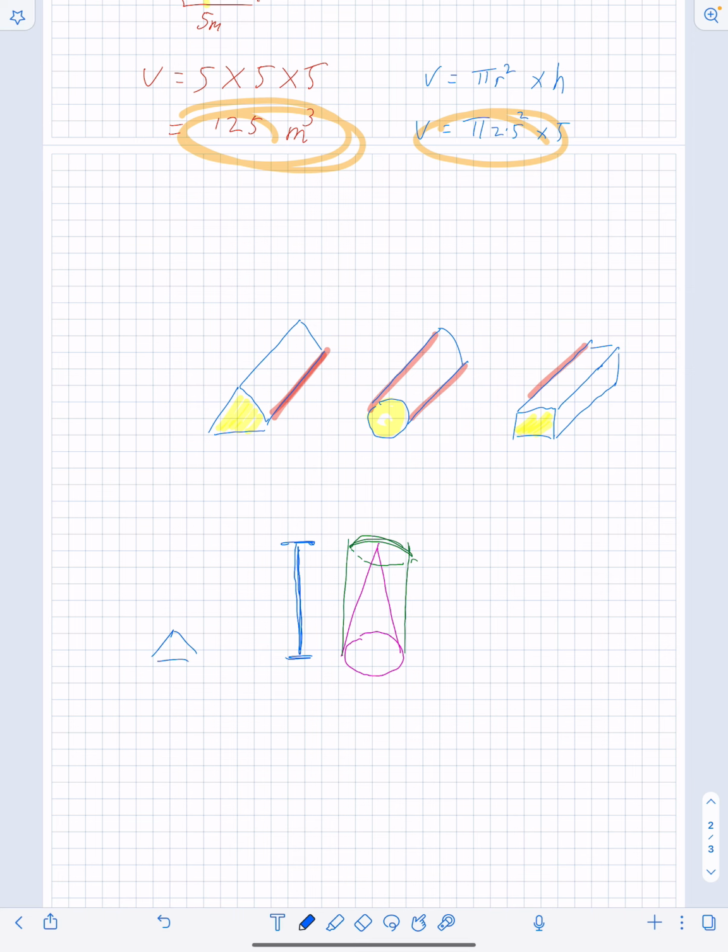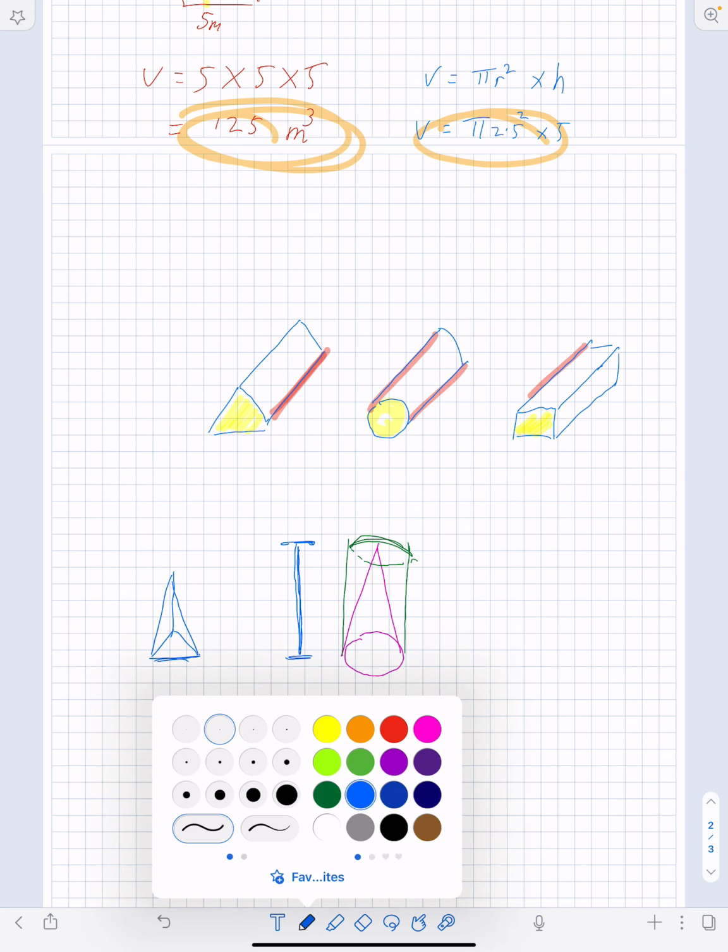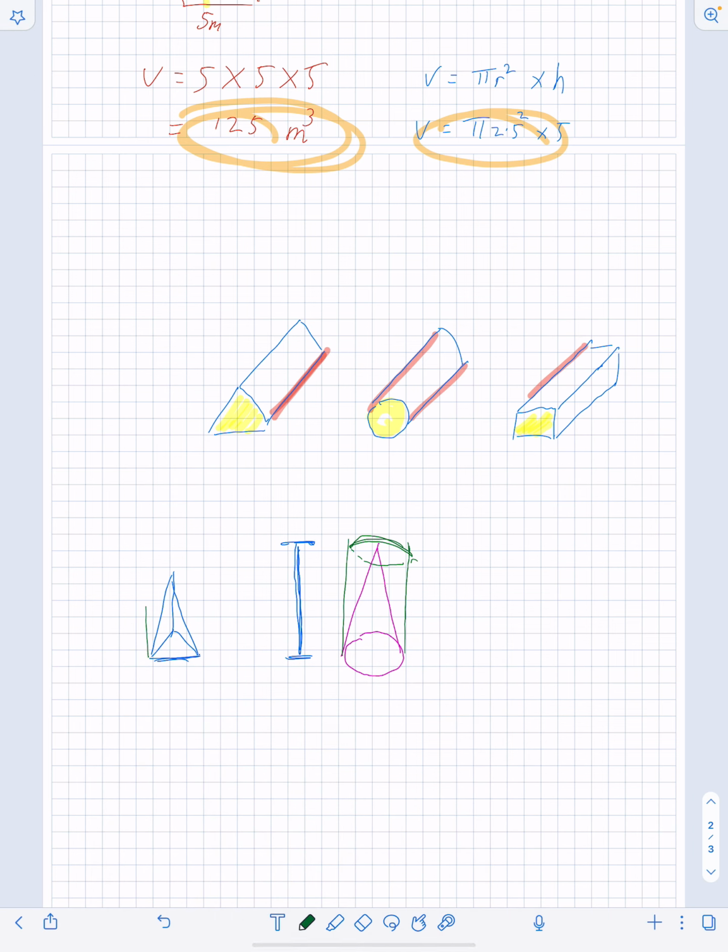Same thing for a triangular pyramid. See if I can draw one here. So say we've got a triangular pyramid here. Imagine that was made out of a triangular prism with the same height. Basically, the volume of the triangular pyramid is just 1/3 of what the volume of the prism would have been.